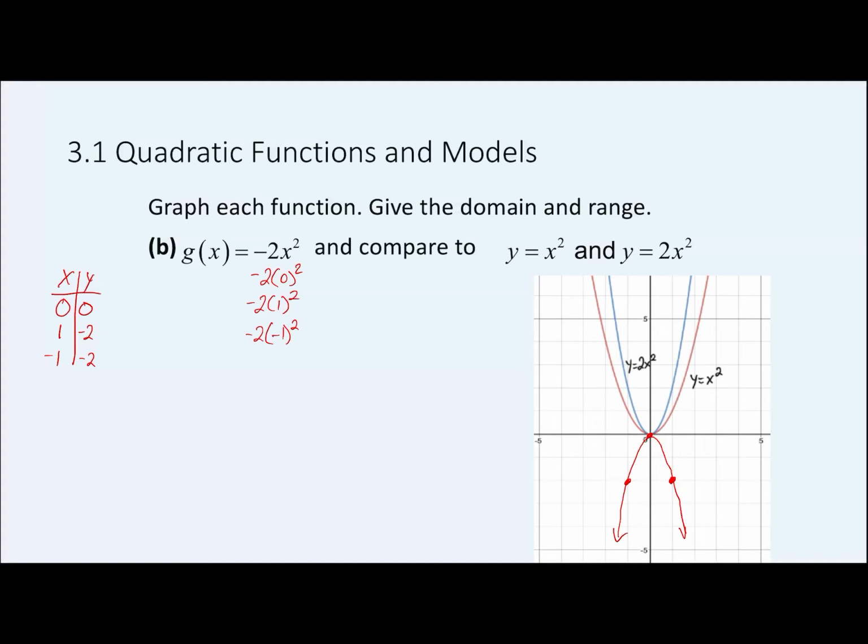If you compare that to the other two graphs drawn here, we would notice that where it's different is that it does open down.